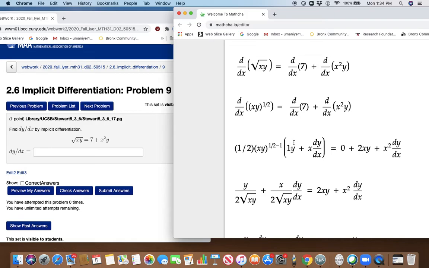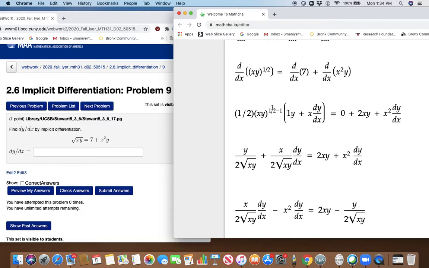Derivative of the first, second as it is, plus first as it is, derivative of the second, equals the derivative of the constant, which is 0, plus. This calls for the product rule: 2xy plus first as it is, derivative of the second. So notice half minus 1 is negative half.